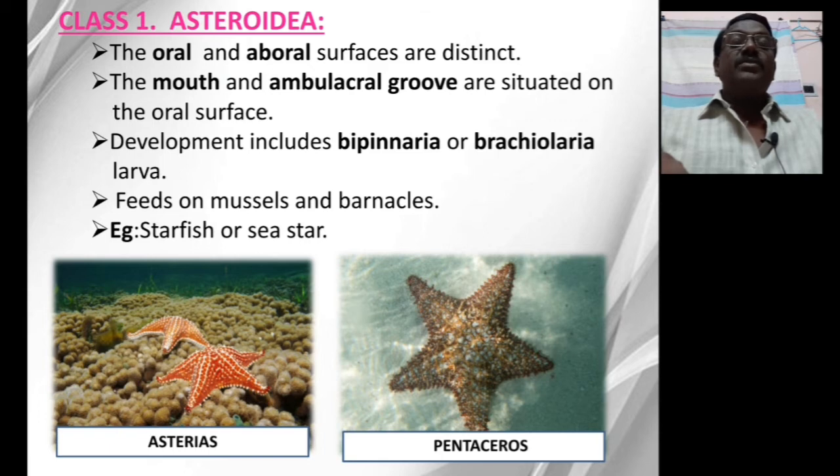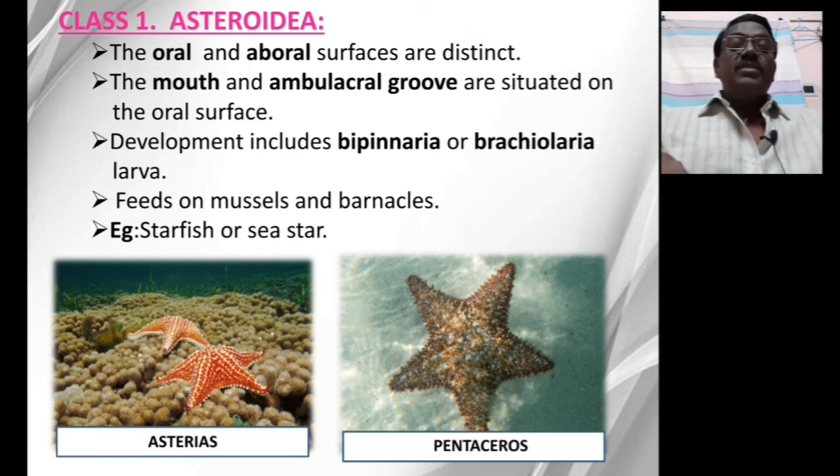Let me see the salient features and the example of the class ASTEROIDEA. These animals have 2 distinct regions, the oral and aboral surfaces. In the oral region, the mouth and the ambulacral groove are situated, and on the aboral side, the anus and the other important structure of the water vascular system, the so-called madreporite, are present.